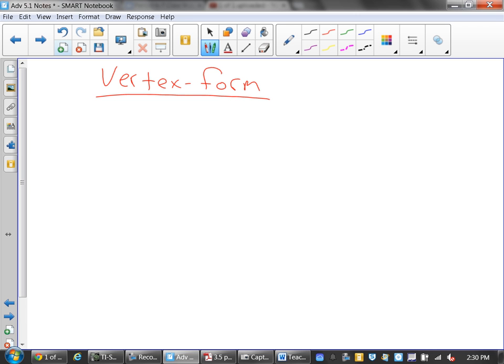Vertex form is written as y equals a times the quantity x minus h squared plus k. This is your first introduction into what's called h and k. Your h and k is something that you guys have actually worked with in the past. You just didn't know you were. Can anybody tell me what this equation is called?